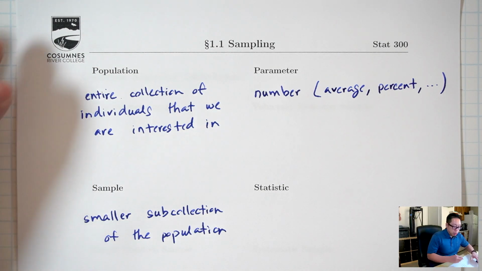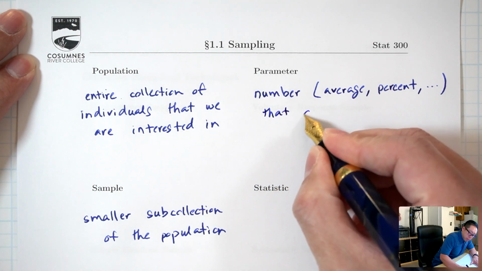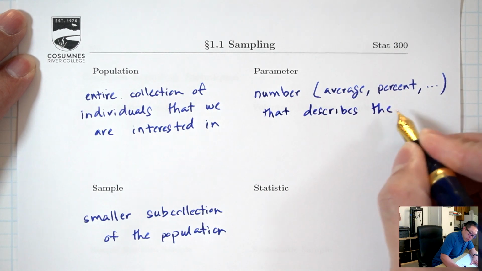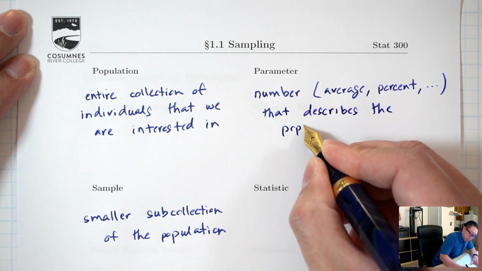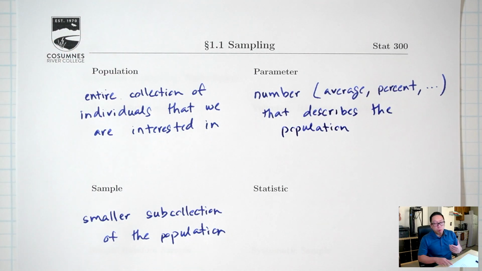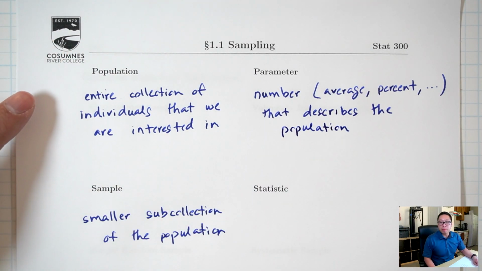So it's a number that describes the population. And what I mean by that is that you got the number by asking everybody in the population.